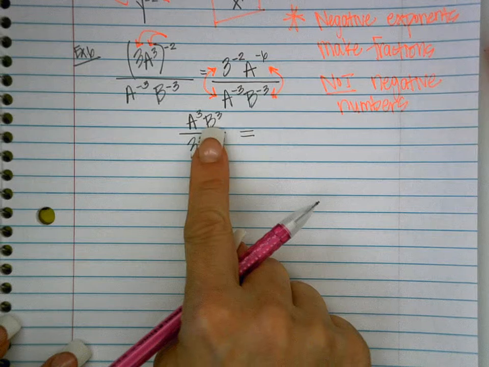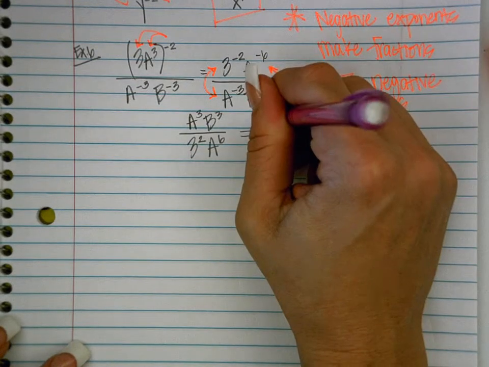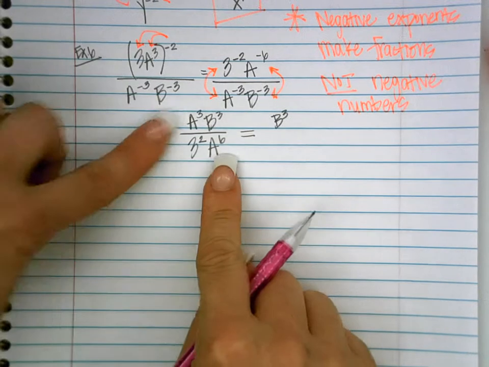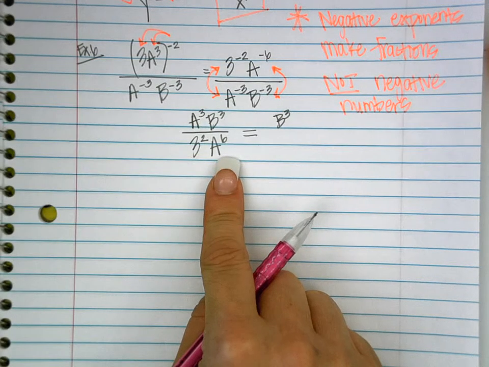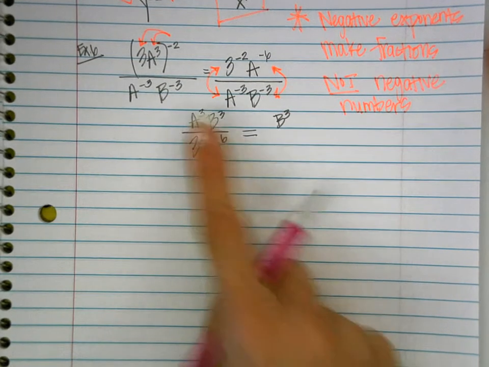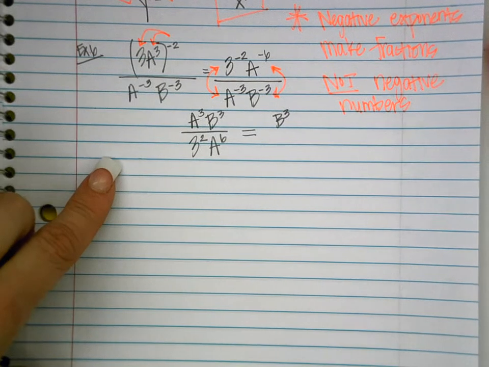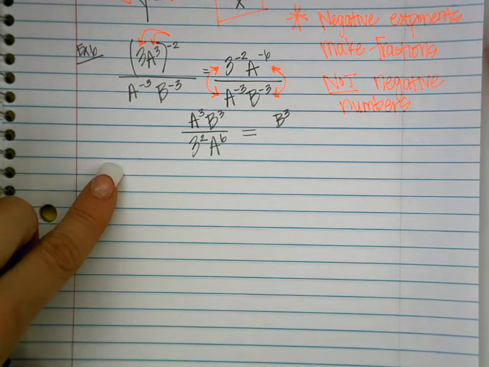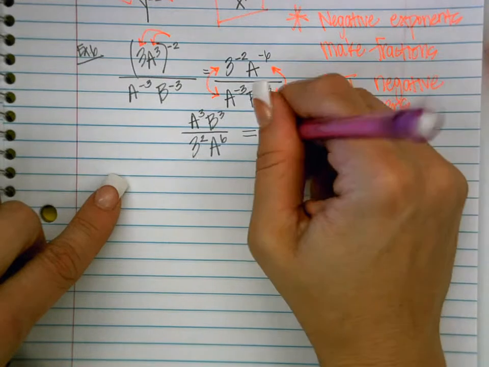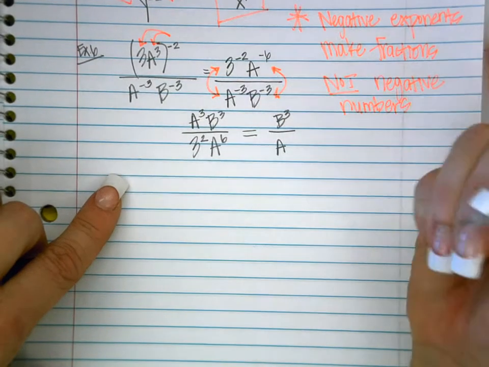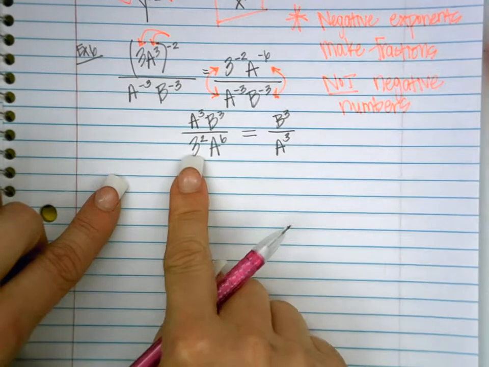The b's are going to stay in the top because there's nothing else there. What do you do with these a's? A to the third is technically a times a times a, so there's 3 of them. If there's 3 on the top, 6 on the bottom, where will it win? Do they stay on the top or the bottom? The bottom. And how much does it win by? How many more are on the bottom? 3. And then what happens with 3 squared?